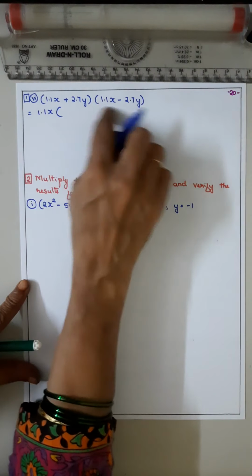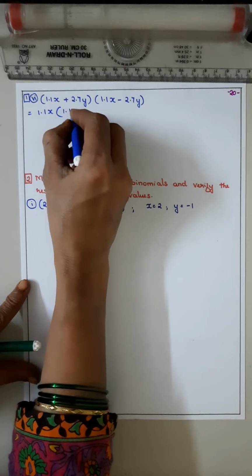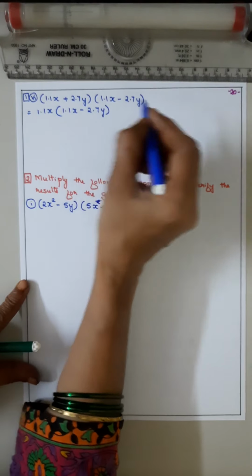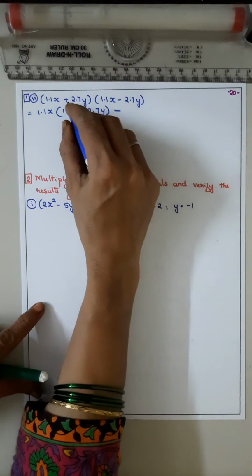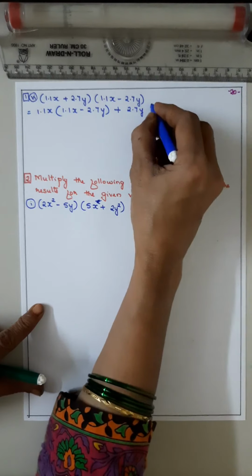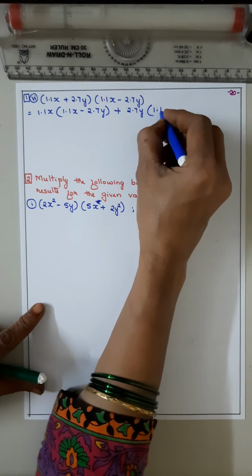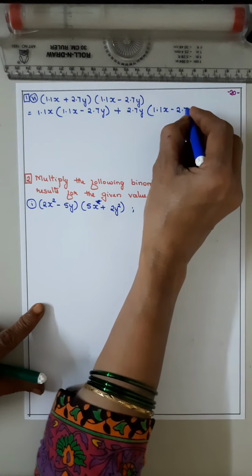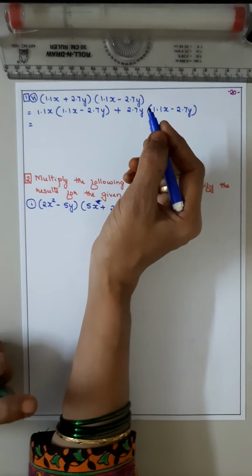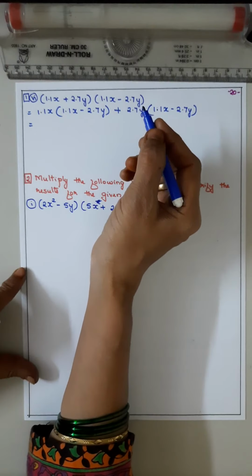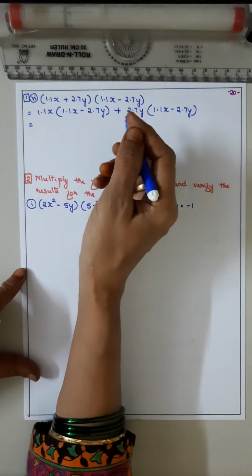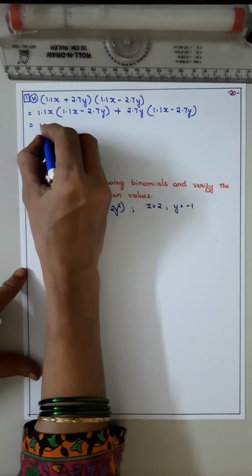Okay, it is 1.1x bracket, this full, 1.1x minus 2.7y bracket close, and here it is plus 2.7y bracket open, 1.1x minus 2.7y. Okay, now 11 11s are, when you multiply, it is 121.